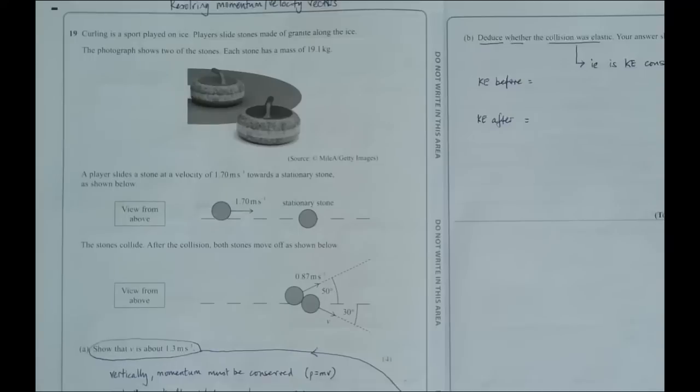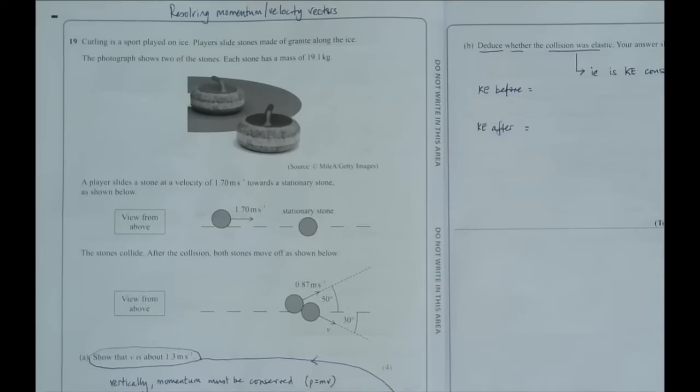At the end, the stone that goes off at 50 degrees to the horizontal has an upwards component in the diagram, and that's what we're going to use. The stationary stone is now going to move downwards on the page at an angle of 30 degrees to the horizontal. So if we can resolve the momentum in terms of vertical motion, we should be able to solve this problem quite quickly.